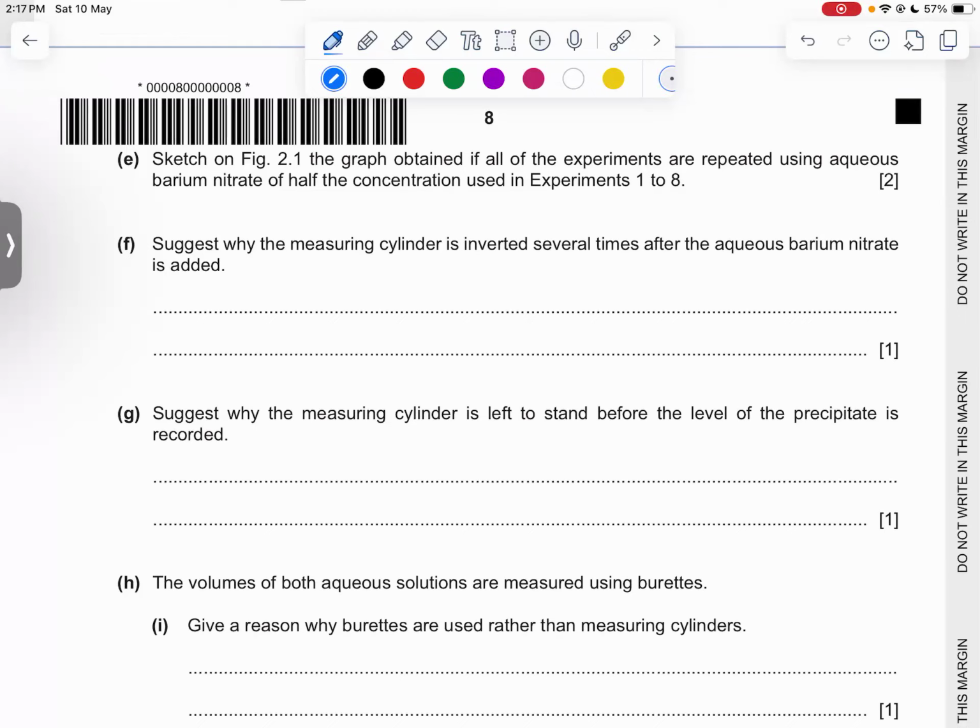So it is inverted for many different reasons. To mix the reactants, we can say we are actually mixing the reactants. All precipitates, a very good word is agglomerate. Agglomerate means clump up at the bottom. Agglomerate at base of measuring cylinder.